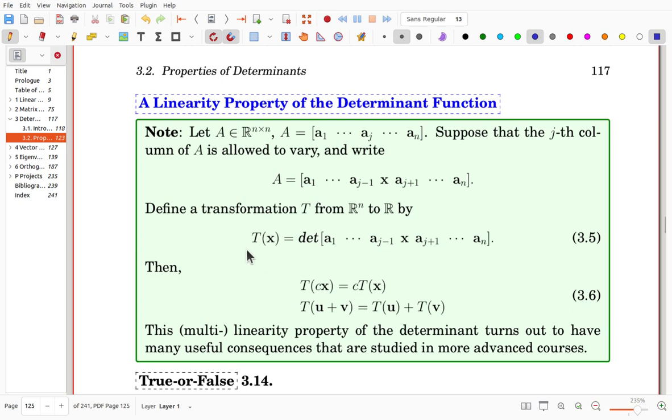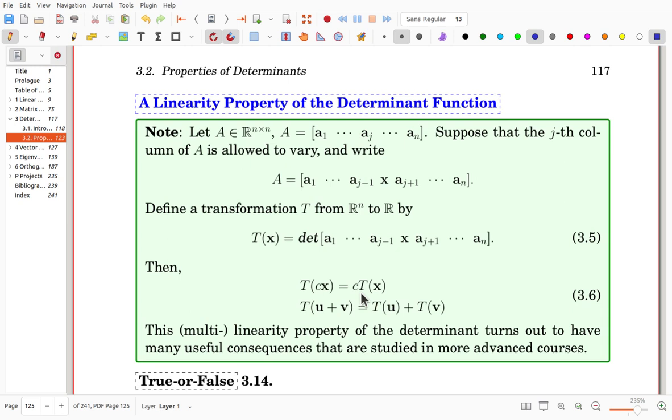Once we define this determinant function, then quite easily you can prove that if we put cx over there, then it is c times T(x), because one column is multiplied by c, so the determinant is now c times the original determinant.